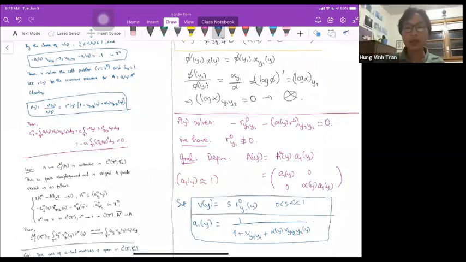Because v is tiny, v_y1 y1 and v_y2 y2 are tiny, so a1 of y is close to 1. That's the goal. And why did we choose a1 to be like this? The reason is that by design, if we choose it like this, then we can solve the cell problem nicely for the matrix A. This is all by design.